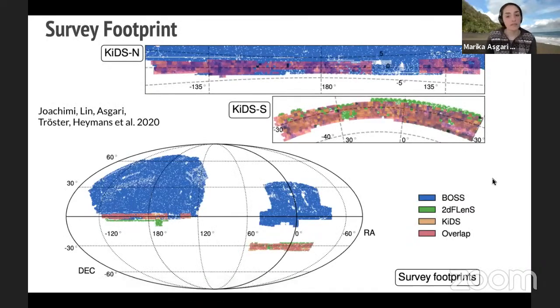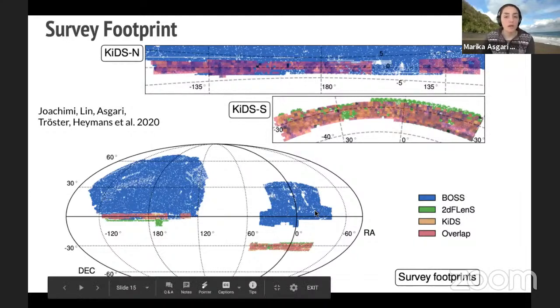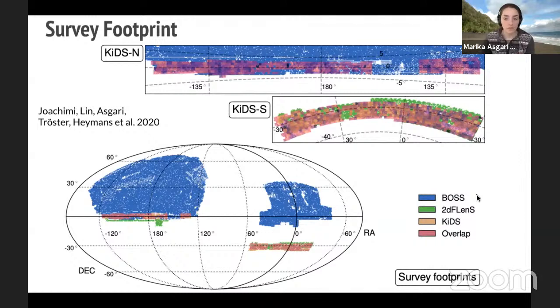And this is what we did. So here, let me tell you which surveys we used. In the 2 top stripes, you can see the KiDS footprint, KiDS North and KiDS South that I showed at the start. And then we have BOSS in blue. This is one of the spectroscopic surveys that we use.